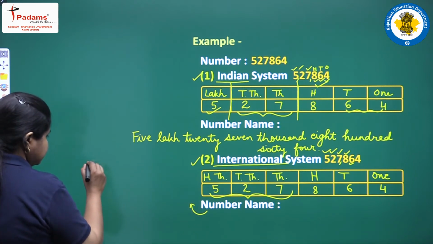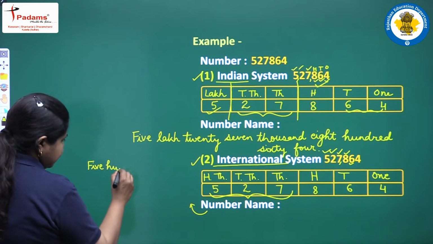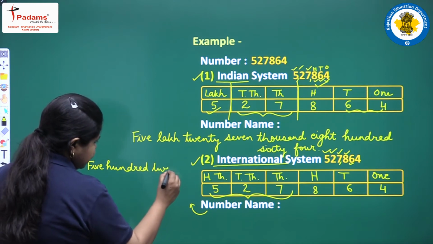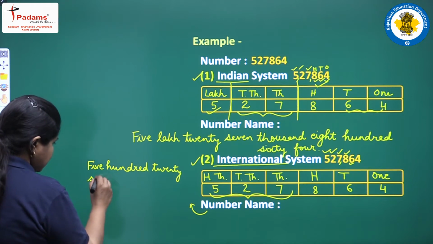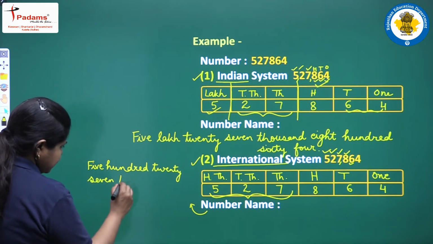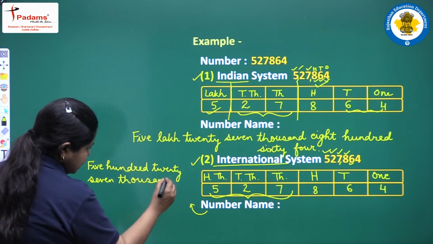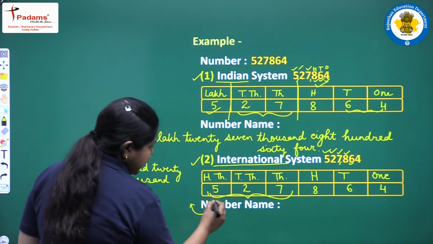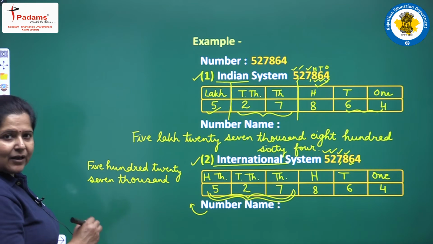So we will have 527,000. See, we have written the thousands together as 527,000.